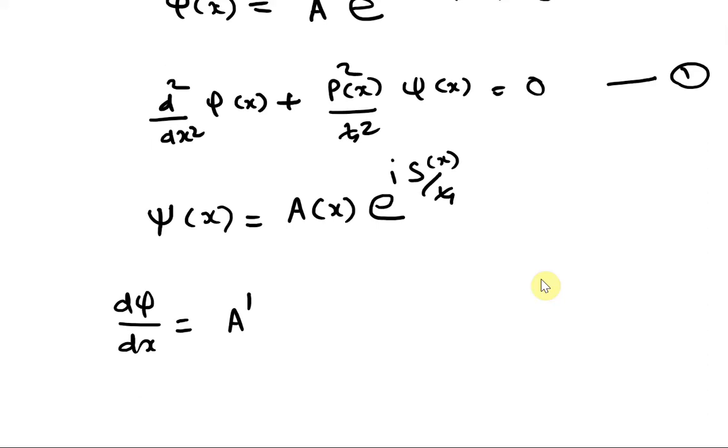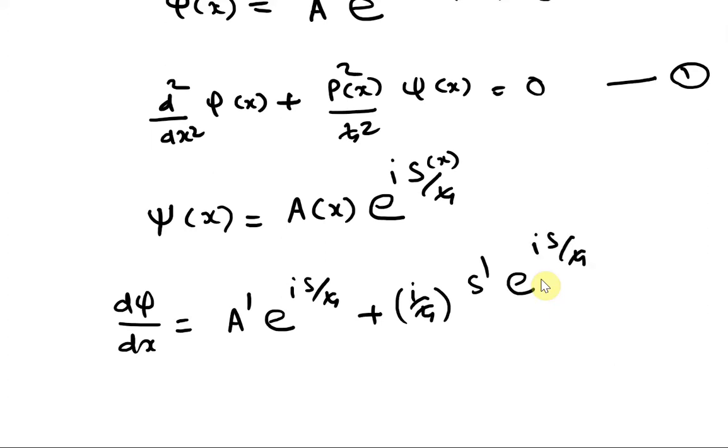A prime e raised to iS divided by h cross, plus you will be having 1 by h cross, S prime e raised to iS by h cross, A of x also will be there. The differentiation of this component will produce i by h cross, S prime will come, e raised to iS by h cross.